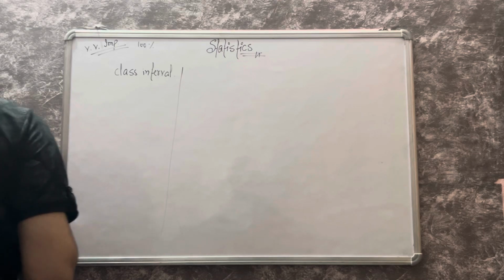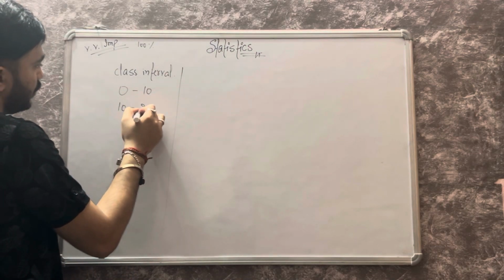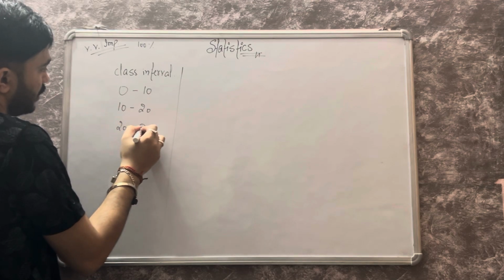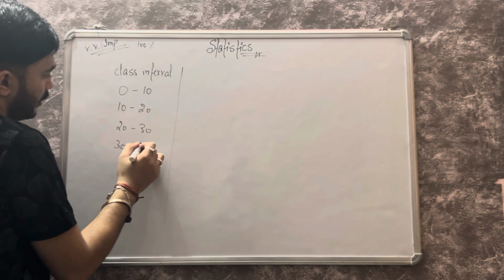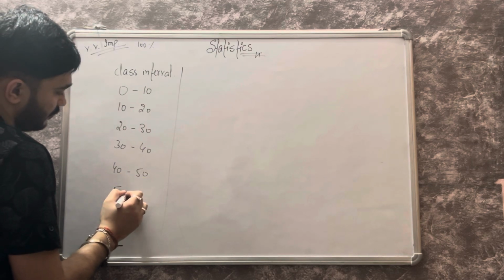What's the question here? You have been given the class intervals as 0 to 10, 10 to 20, 20 to 30, 30 to 40, 40 to 50, 50 to 60.